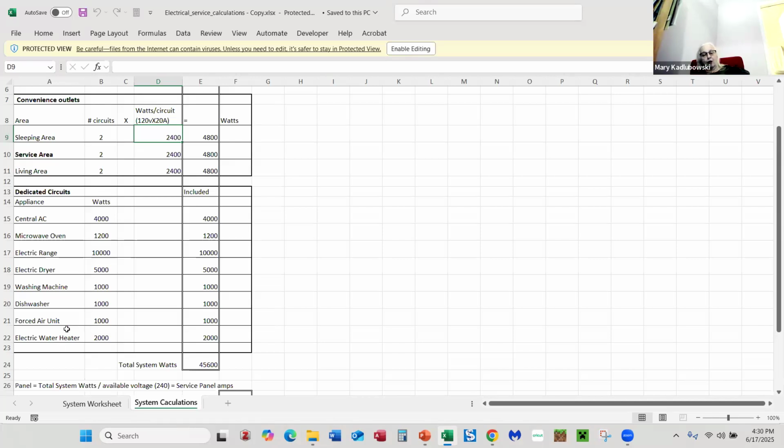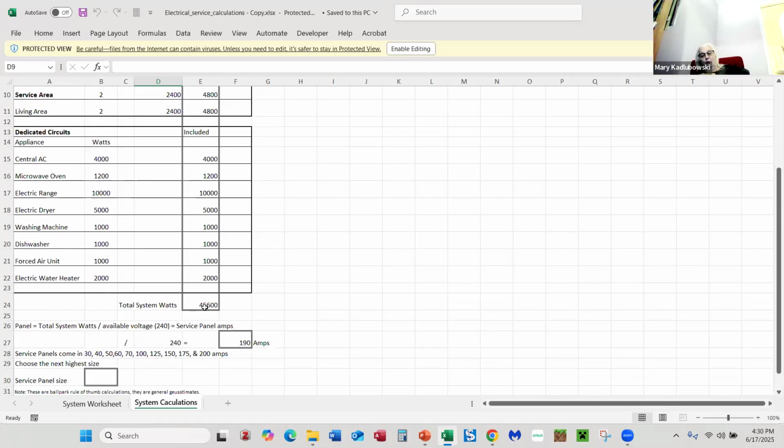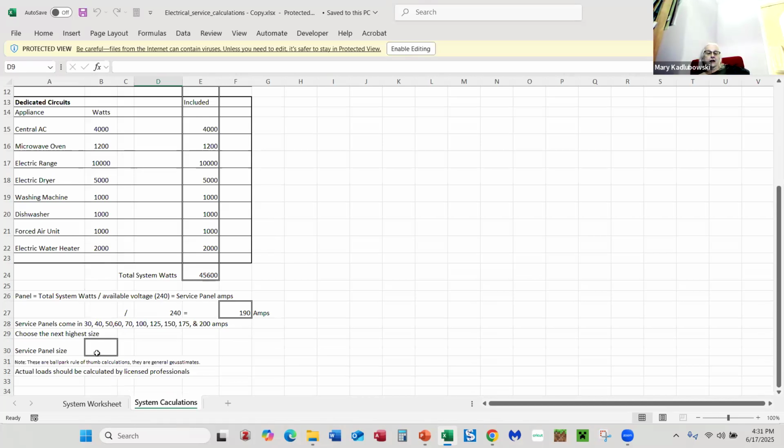Don't forget like your water heater and your forced air unit. You find out the wattage rating for each of those, add them up, you get your total watts, divide that by 240, which is your service. That gives you the total amps. Figure out how many panels you'll need. You might want to split panels between, say, the clinic area and the admin area.